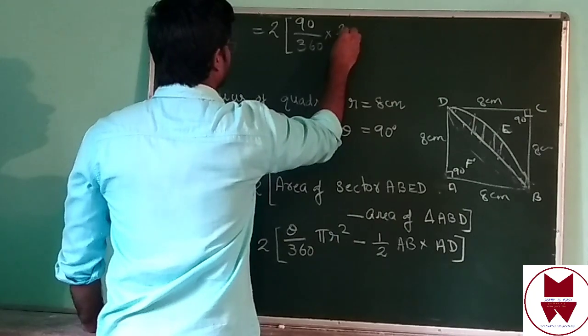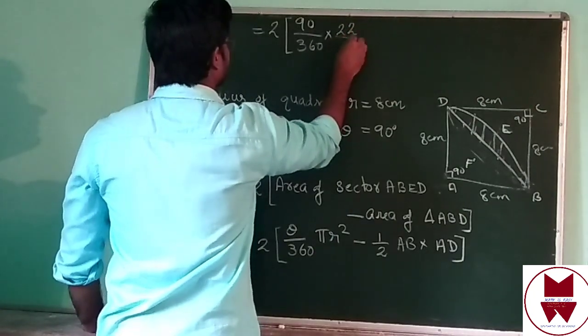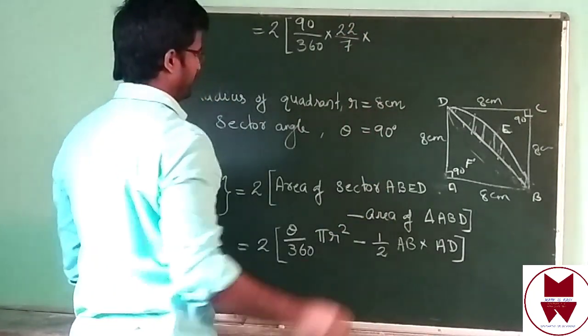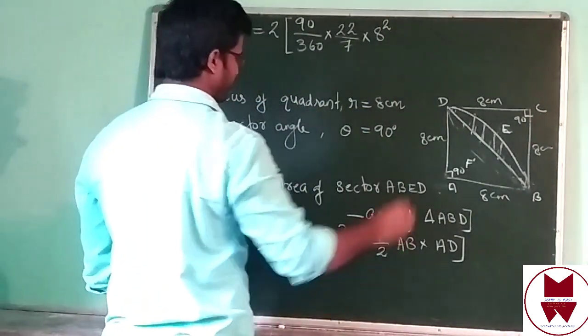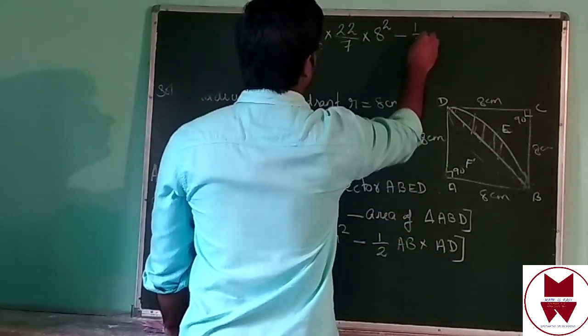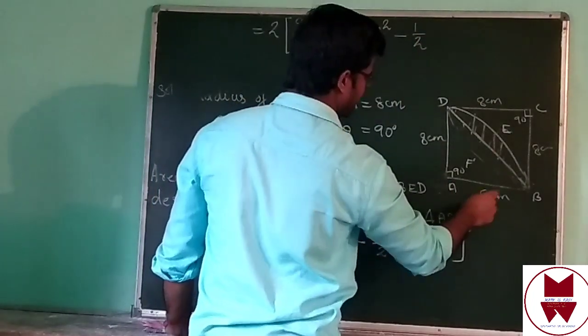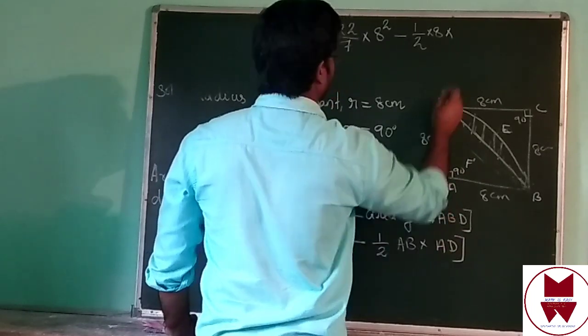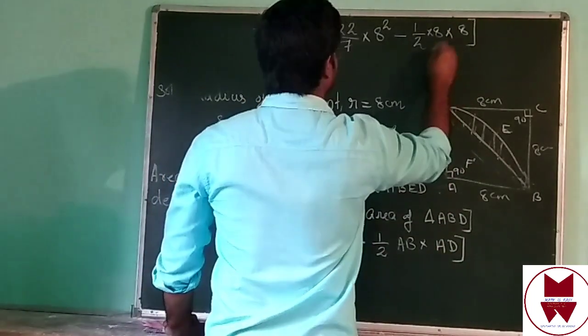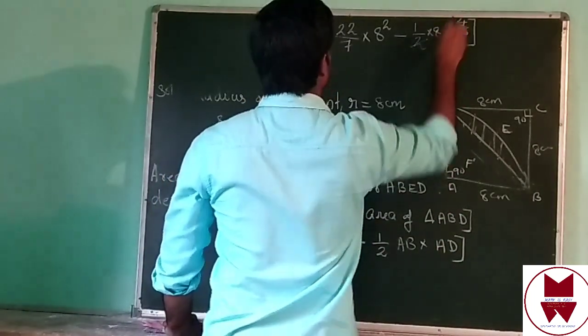Pi means 22 by 7 into r square. Radius is 8, 8 square, minus 1 by 2 into AB. AB is 8. Then AD. AD also 8. 4 times.